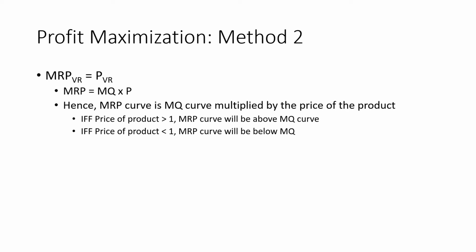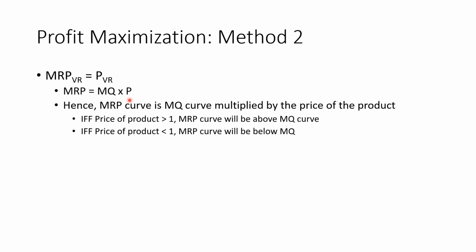Money in per laborer, how much money is each laborer making me, and how much money is each laborer costing me. Now we deal with MRP, which is either marginal resource product or marginal revenue produced. I usually think of it as marginal revenue produced. The marginal quantity, how much each worker is producing, we've dealt with that before, times the price of the product.